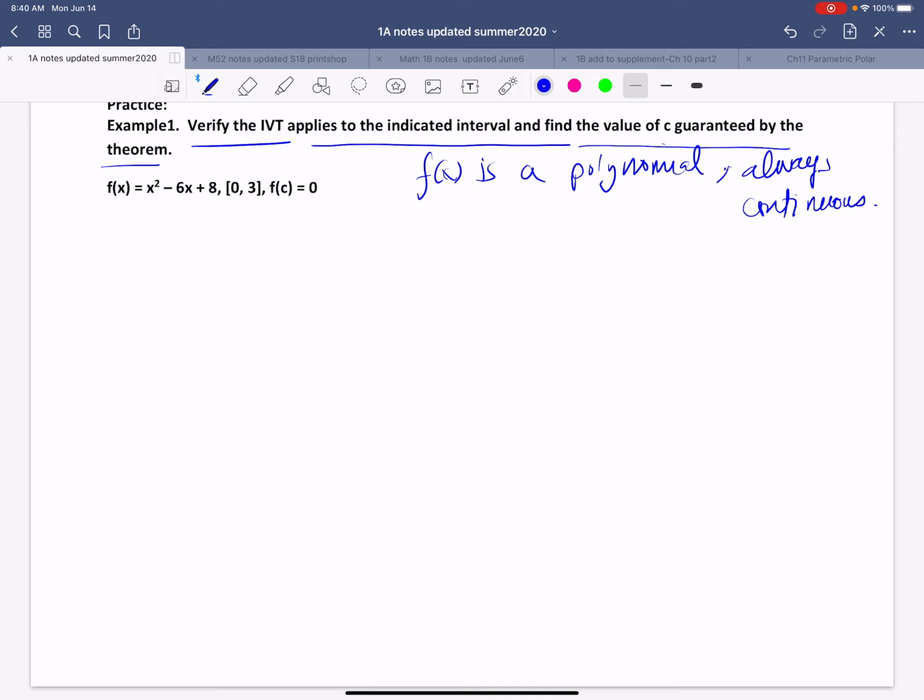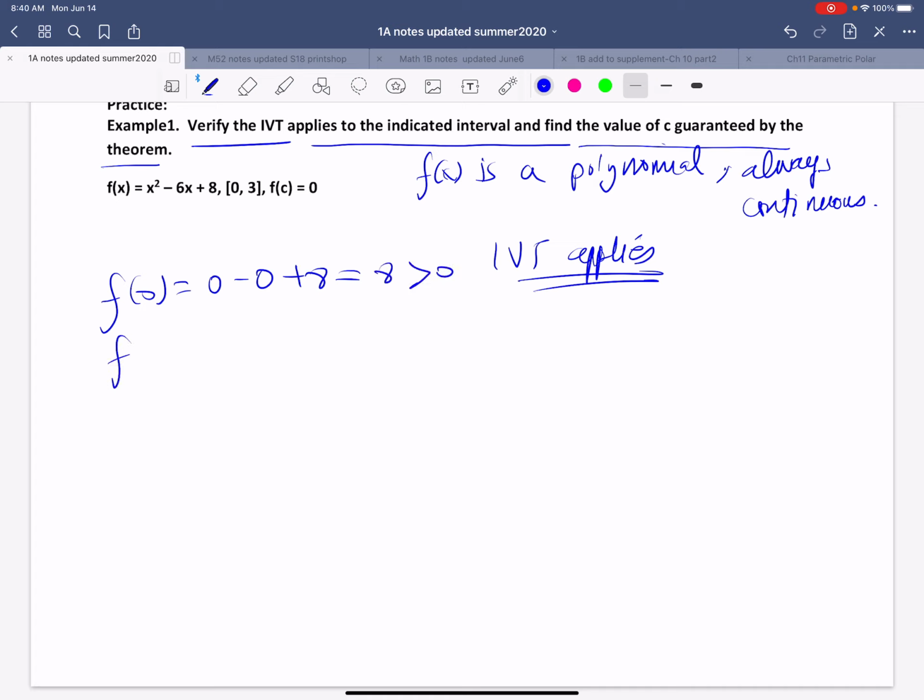So this function is continuous over the interval [0, 3], thus IVT applies. Actually, it's continuous everywhere. So let's go ahead and check the sign of f(0). That would be 0 minus 0 plus 8. It's 8, which is greater than 0, a positive number. And f(3) would be 9 minus 18 plus 8, which is negative 1, which is less than 0.